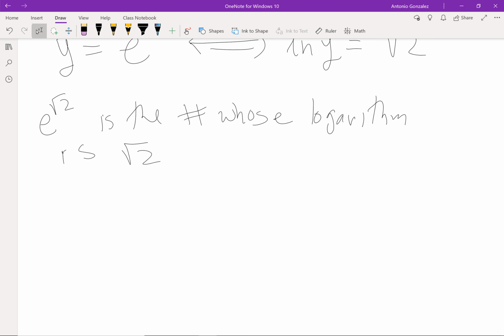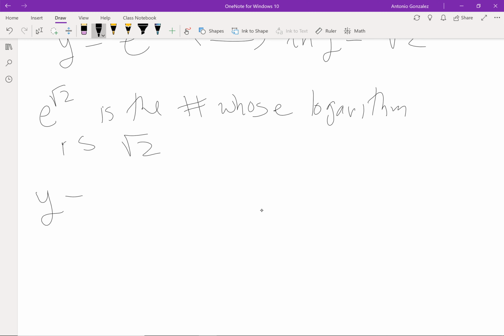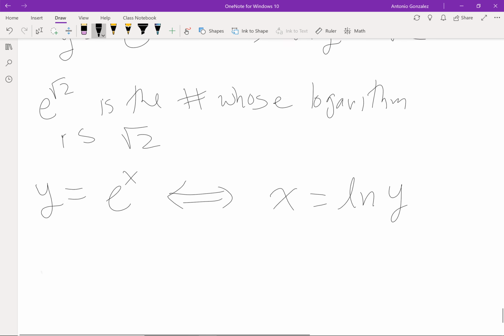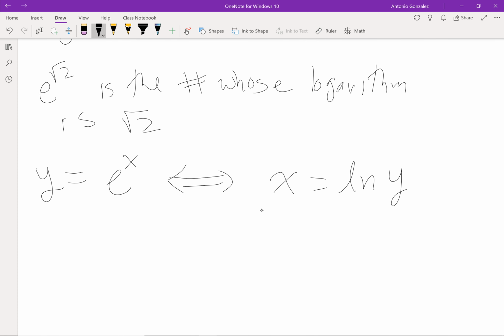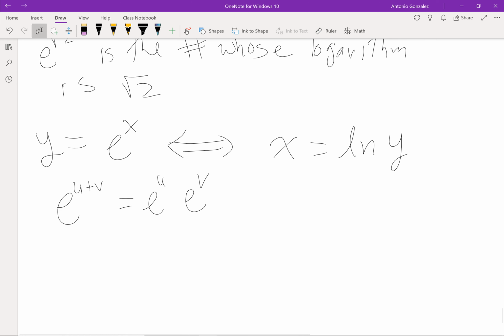To summarize, what have we learned here? y equals e to the x means that x is equal to the natural log of y. We have e to the u plus v is equal to e to the u times e to the v, the one that we proved.